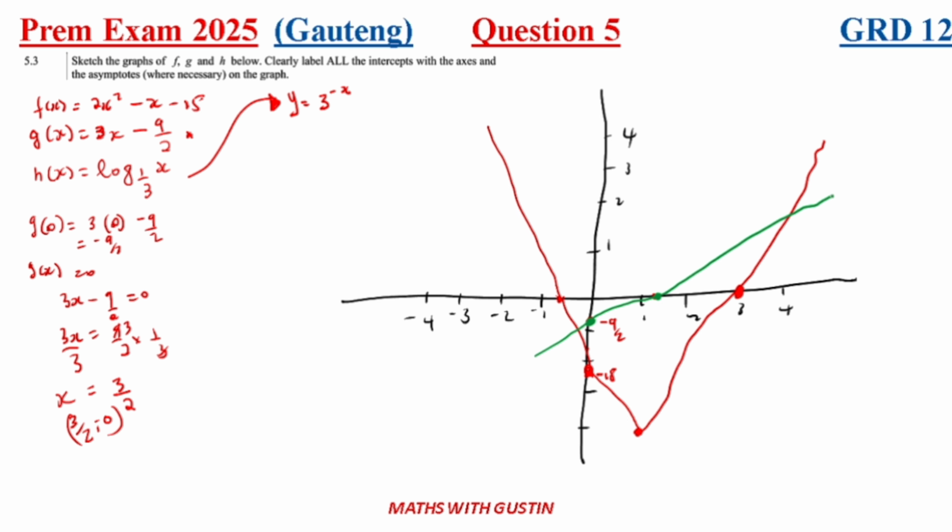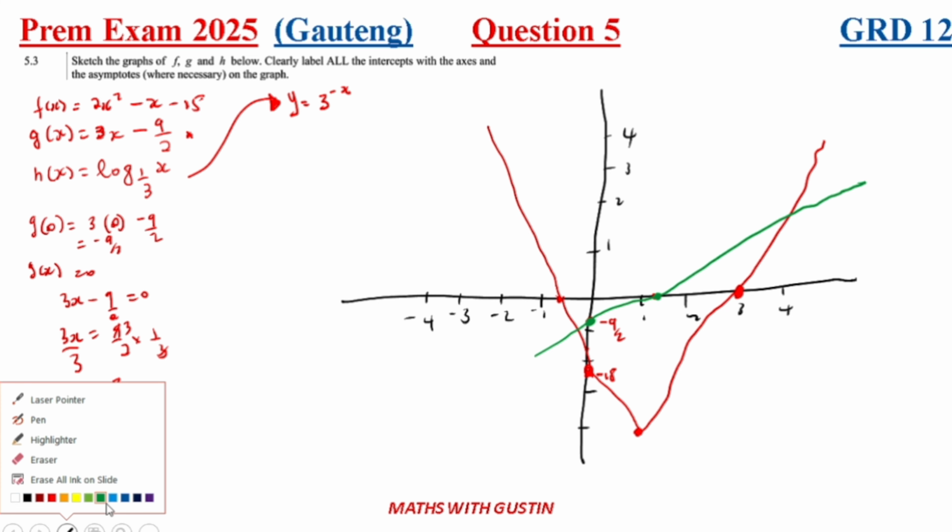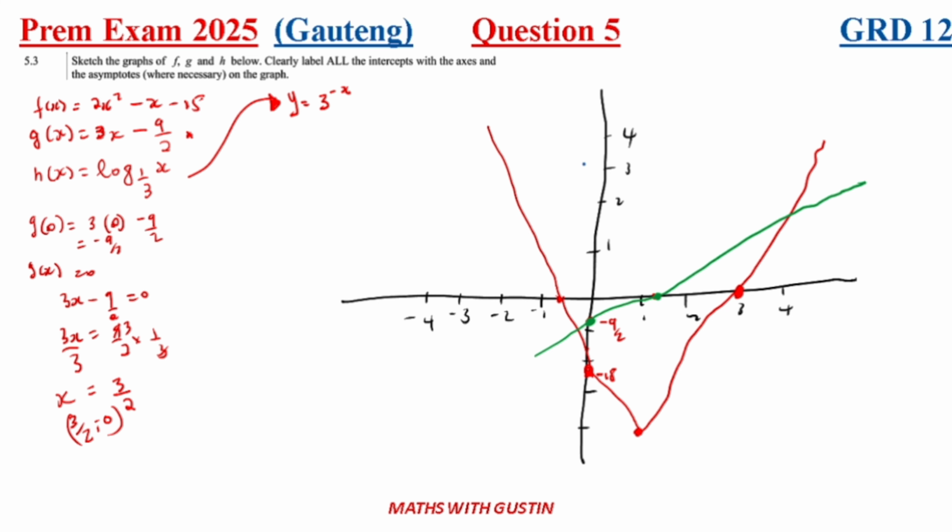There you go. And then now we need to plot the logarithmic function. Right, guys, and you would remember with this one, if it was a straight line, it was going to be like that, but touching here, not touching the x-axis. Now, because it's a logarithmic, it is going to be touching this point here, which is 1.